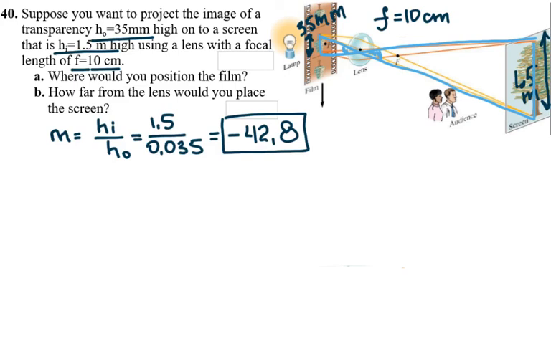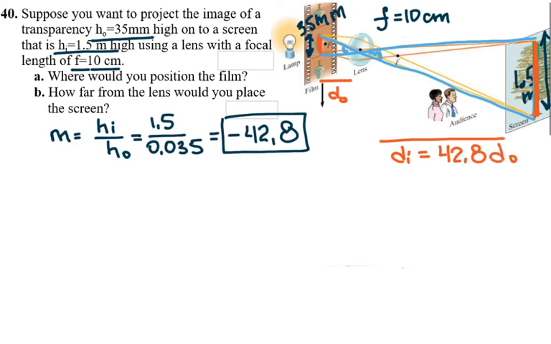So I have two similar triangles, and because this side is 42.8 times bigger than this side of the triangle, that means that the distance to the object and the distance to the image have a relationship. The distance to the image is also 42.8 times the distance to the object.